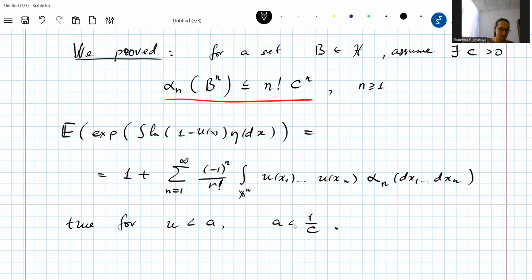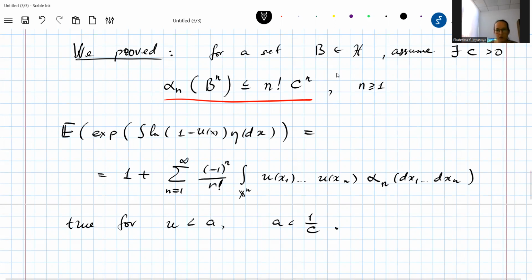Okay, so this was done. So how will we use this to prove that we have the equality by distribution of two point processes?